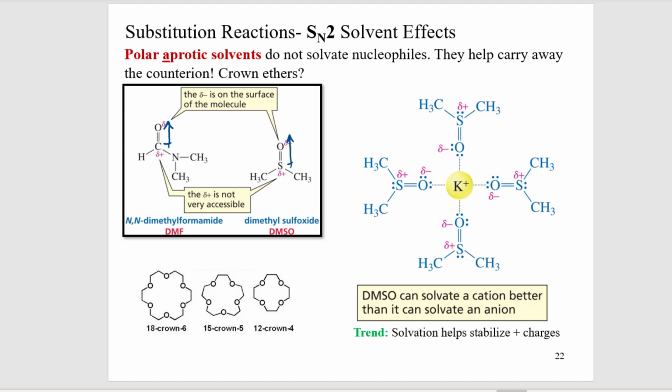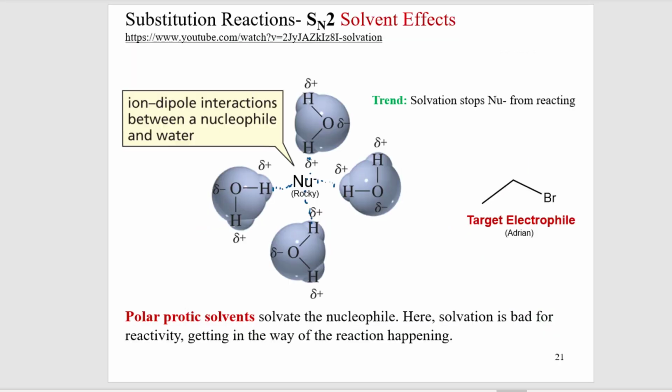Now, the trend that we see, and let me go back to the other slide here. The trend that we see is that when you have a negative charge, like a nucleophile, it's got a lone pair it's dying to react with, right? It's just, I want to react. Typically, the nucleophiles have an octet. They're happy.